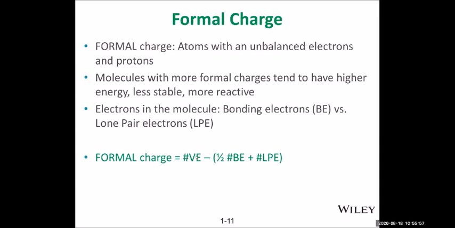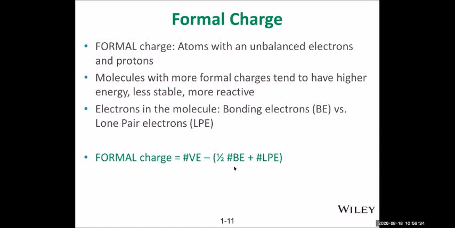But in the actual Lewis structure, this atom might bond with more or fewer electrons. So in the actual Lewis structure, the valence electrons around this atom, we calculate like this: half of the bonding electrons around this atom, plus the electrons that belong to that atom, the lone pair electrons.